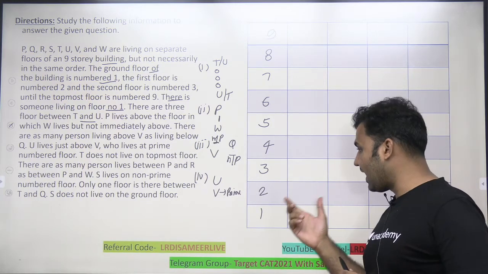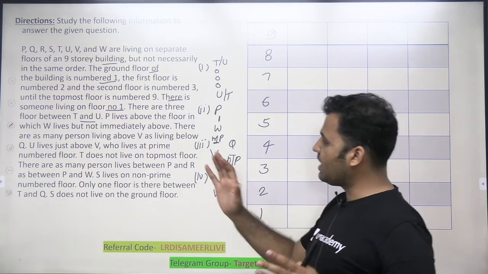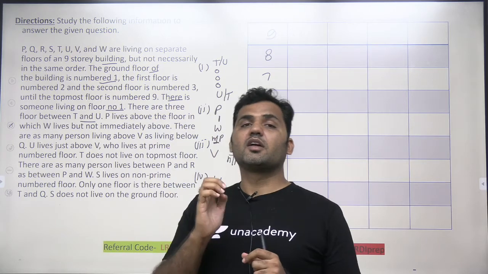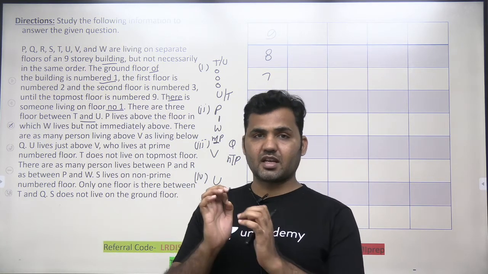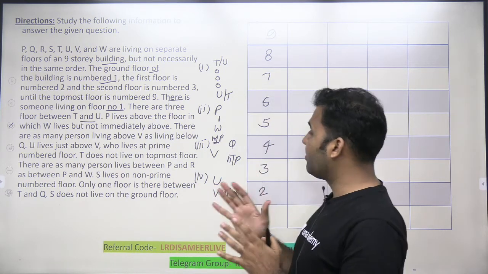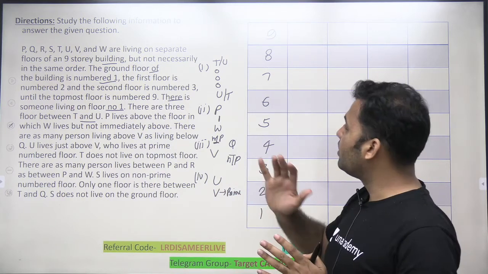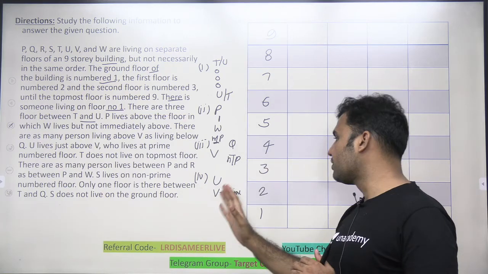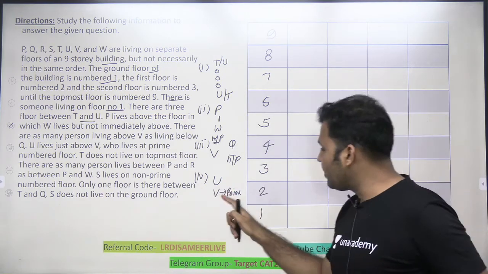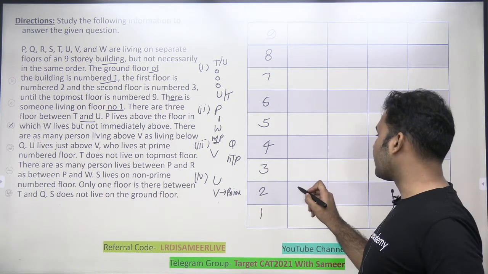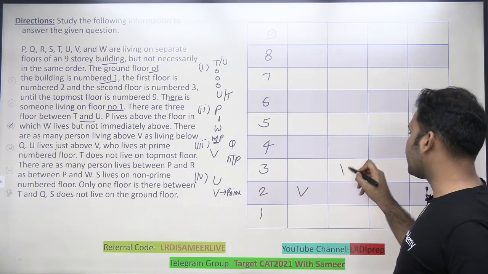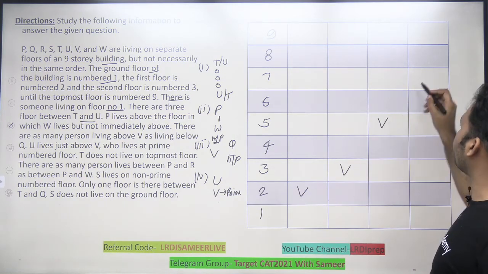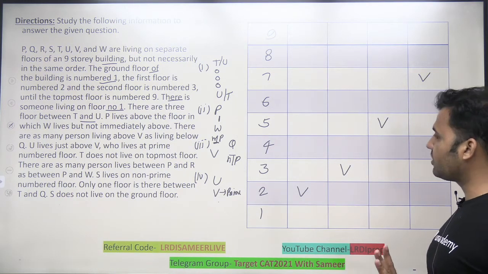So we'll have to make the cases, because there is no information which is telling us the floor of any person in an exact manner, by taking the reference of which you can move further. So no direct information is given, so you'll have to use this information that V is living on a prime floor. So V is either here, or V is at 3, or V is at 5, or V is at 7. So these are the only options for V.